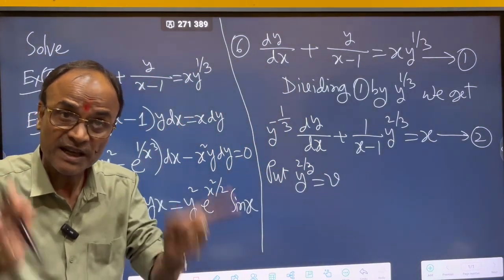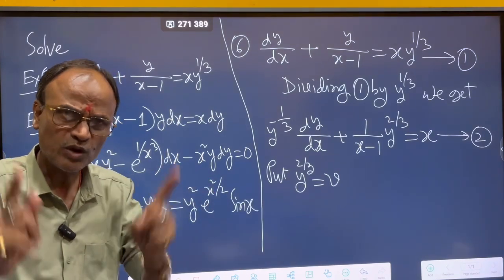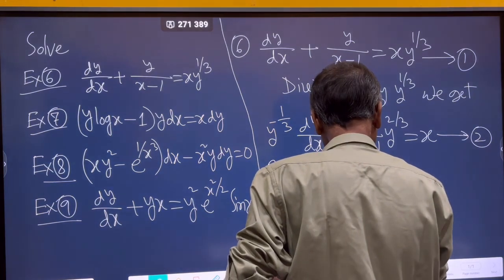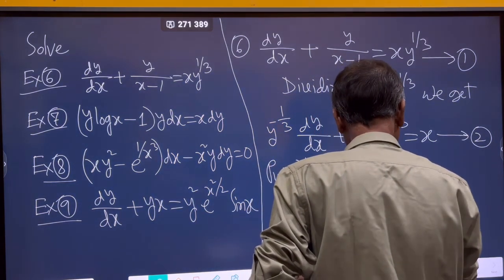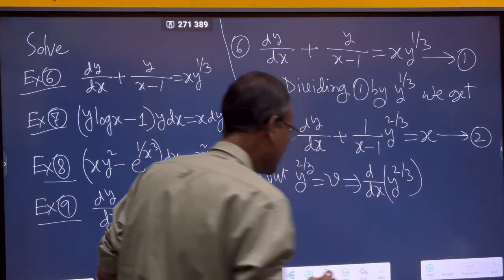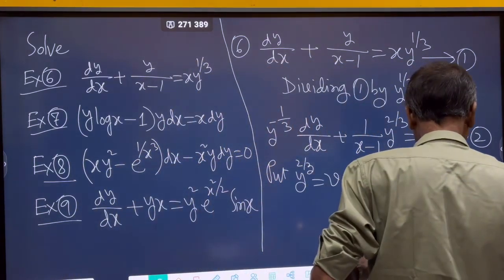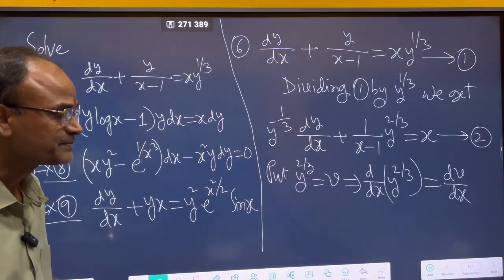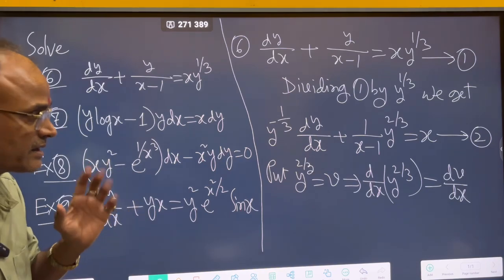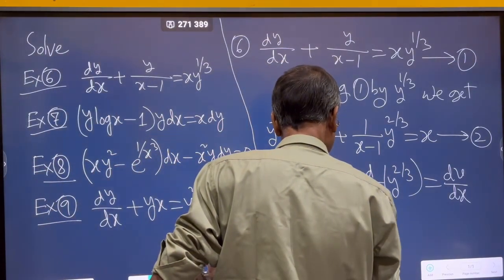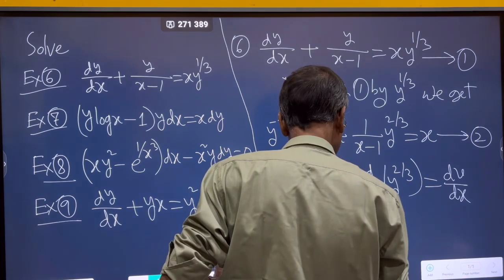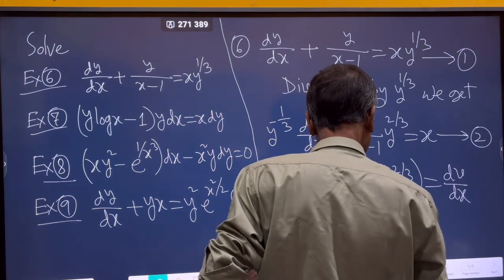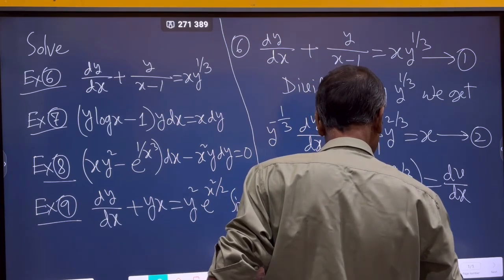Now differentiate both sides with respect to x. This means d by dx of y to the power 2 by 3 equals dv by dx. That is, 2 by 3 times y to the power (2 by 3 minus 1) dy by dx equals dv by dx.